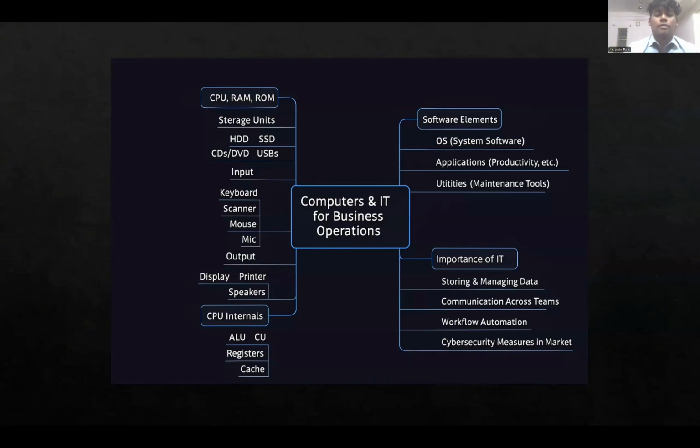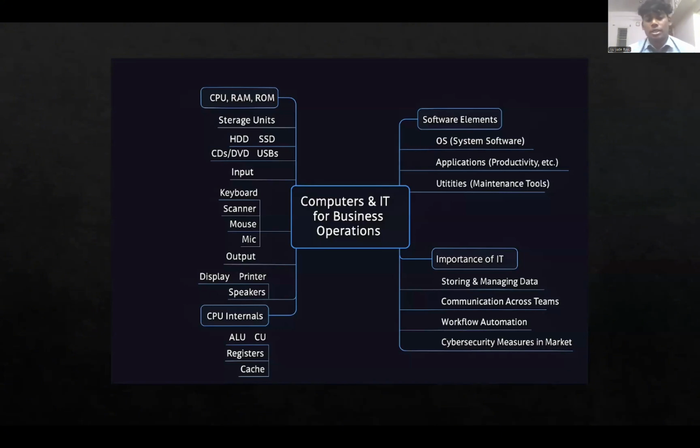So finally, let's understand why information technology is so important in business today. First is storing and managing data. It helps in storing and managing data securely and efficiently in order to secure the business data.